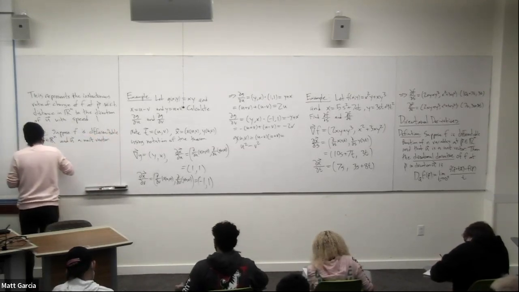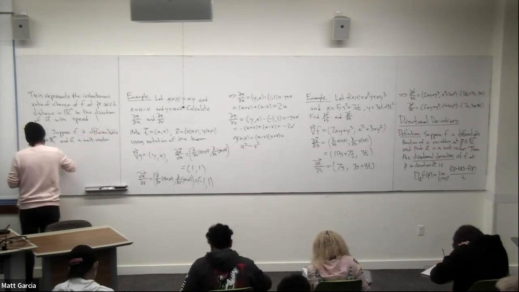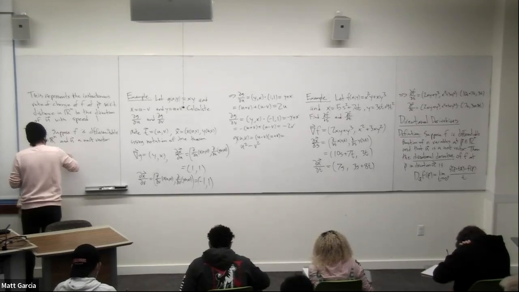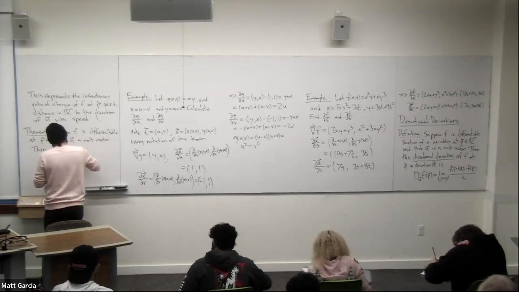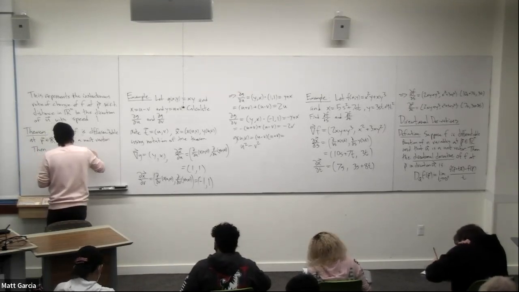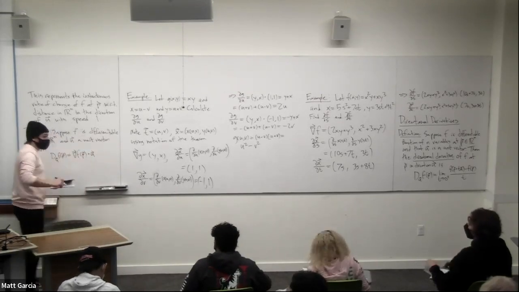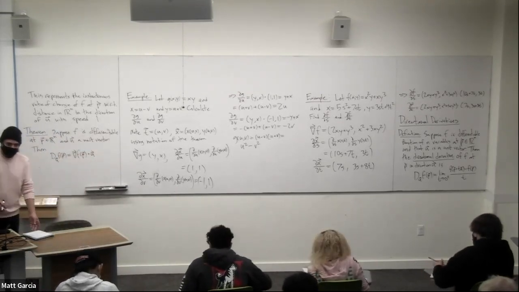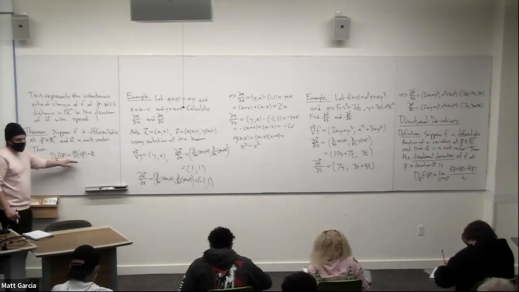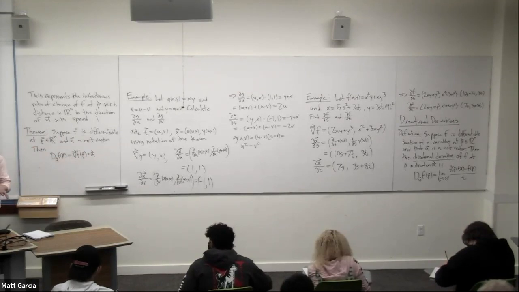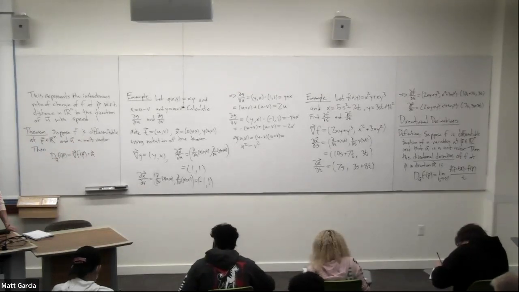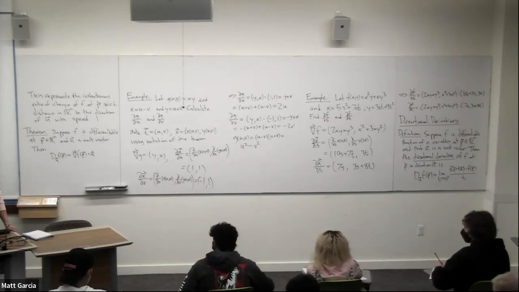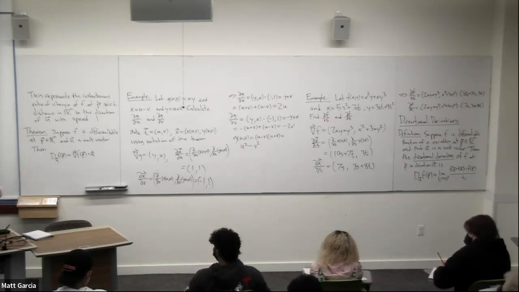Then the directional derivative in direction u of f at p is simply equal to the gradient of f at p dotted with u. Okay, so the gradient, in some sense, captures all the differential information we want. We just want to know what component of the gradient of f at p points in the direction u.